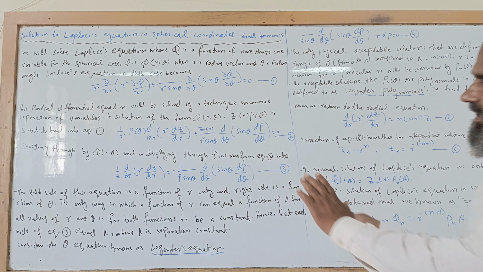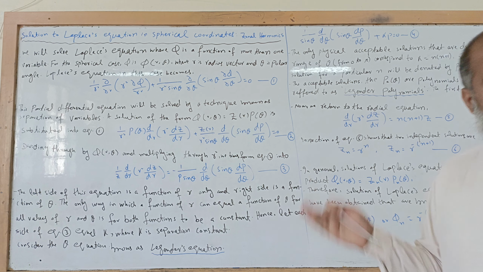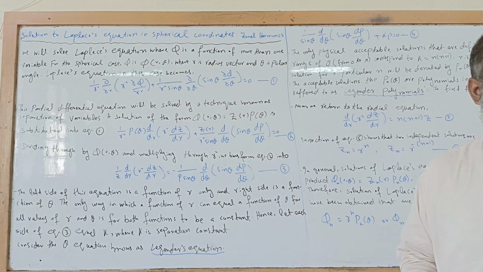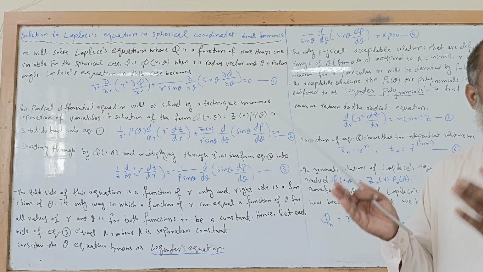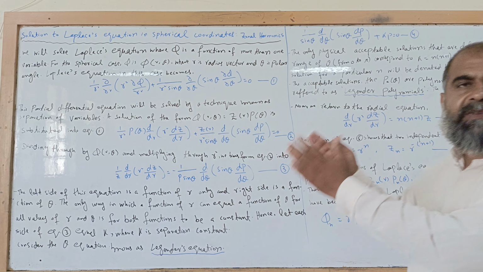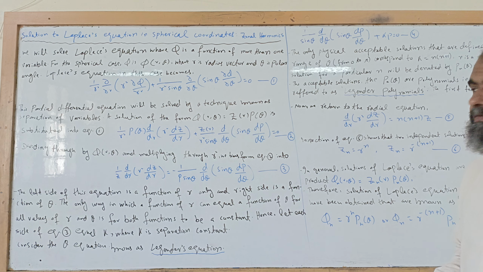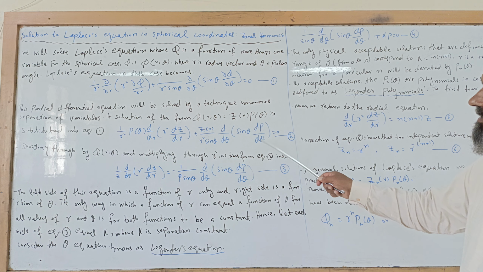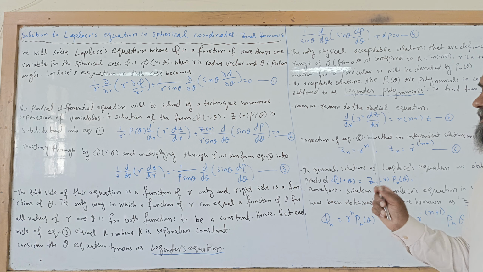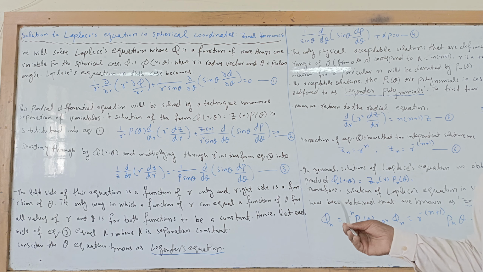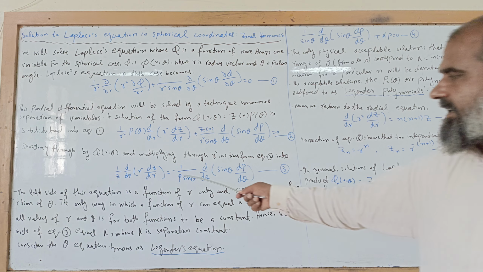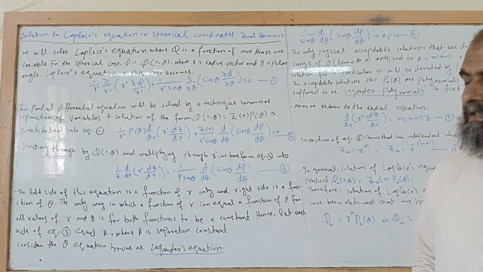We have separated into two forms. One form is with respect to radius, and the second is with respect to the polar angle theta, and both are equal, because the whole is equal to 0, so you can take it out on the right hand side of the equation with the negative sign. No problem.